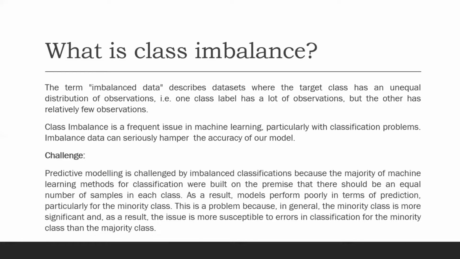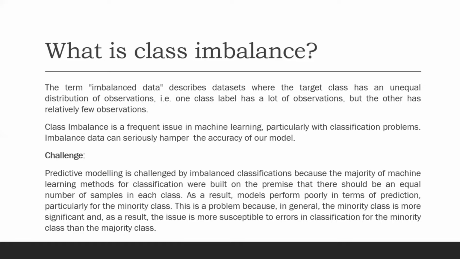Now, what challenge comes with class imbalance? Predictive modeling is challenged by imbalanced classification because the majority of machine learning methods for classification were built on the premise that there should be an equal number of samples in each class.